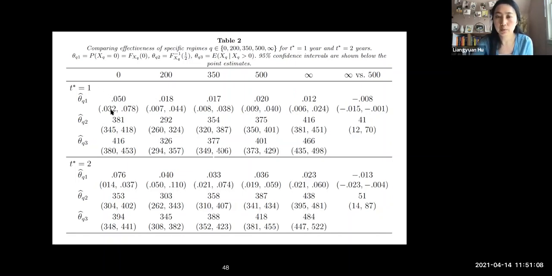The never treat regimen would lead to significantly higher mortality rate. And CD4 among survivors is relatively higher, driving up theta Q2 and theta Q3, which may suggest that those without treatment who do survive to 1 year or 2 years may be relatively healthy at the beginning of follow-up.